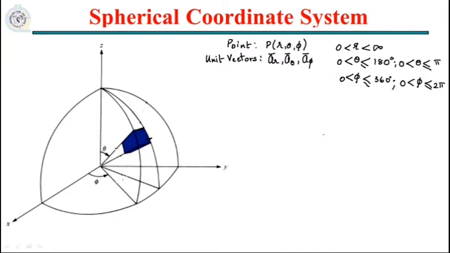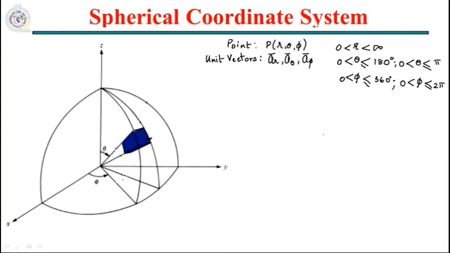If the radius up till this point is some radius, let us now look at the small length along the radius.